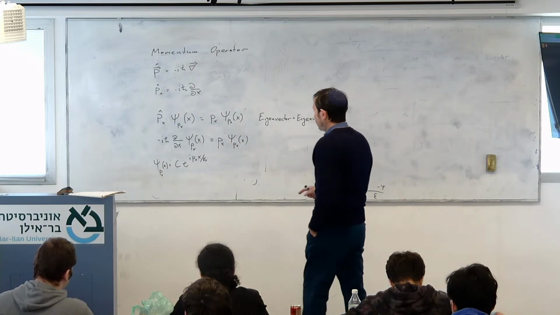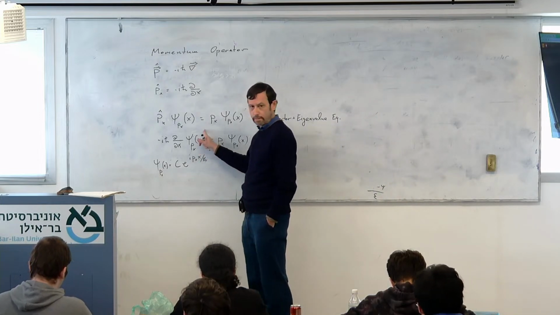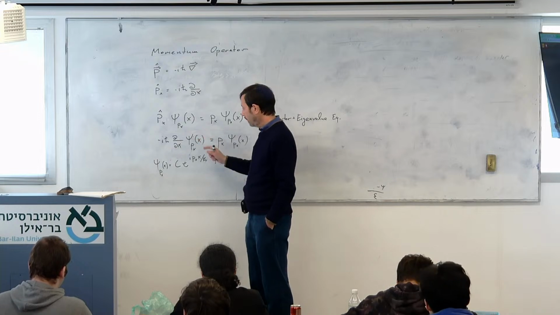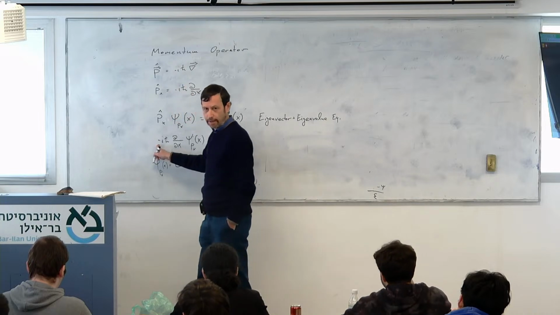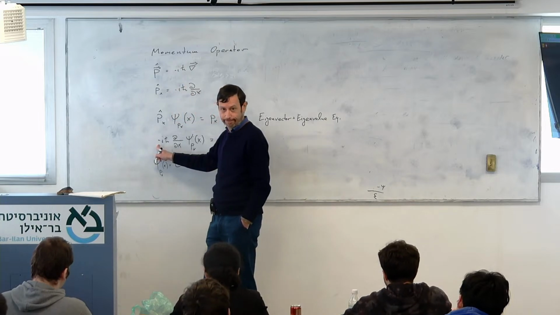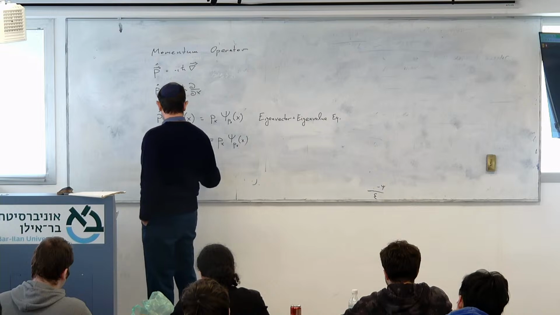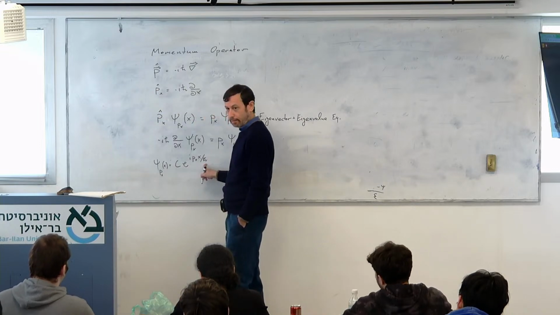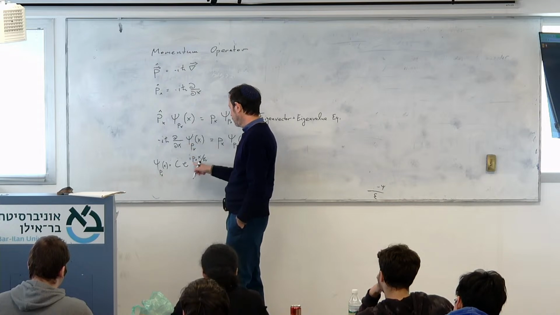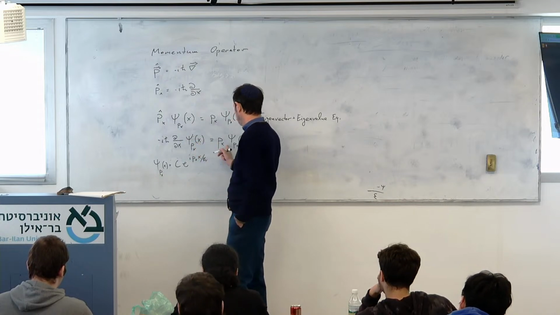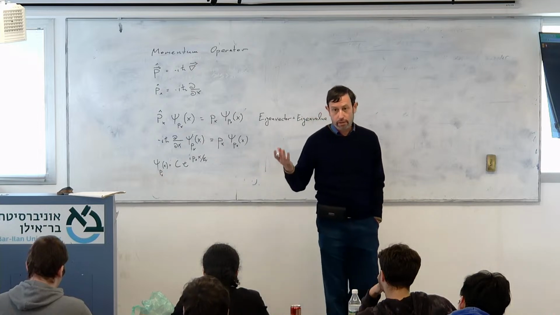Why? Because if we just plug it in here, on the left-hand side we get i times minus i, which is 1. ħ divided by ħ is 1. And therefore we just get px times the function.